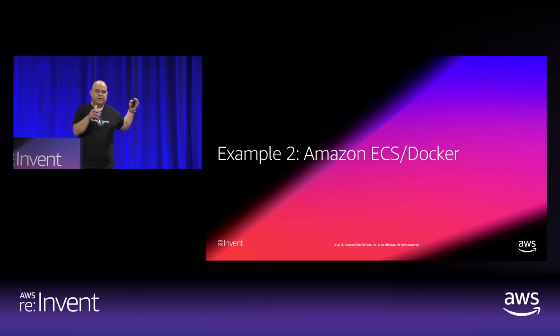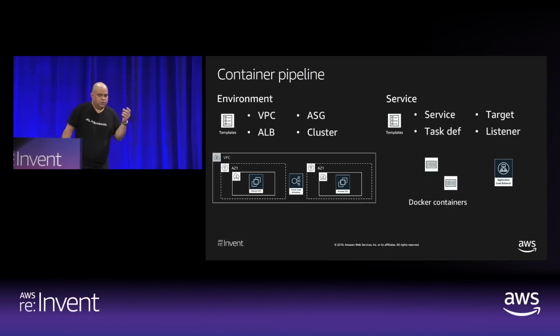All right, so we looked at basic compute with EC2. Now, if you're leveraging containers in Docker, you may set up a container pipeline. This may be sourced from the same repository. Especially in medium and large size companies that have been around for a while, you're always going to have a mix of traditional compute, Docker applications, serverless applications.